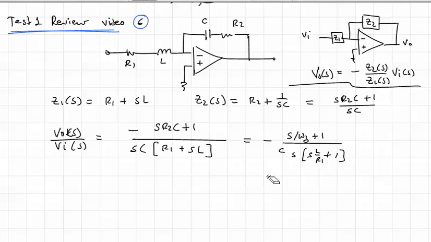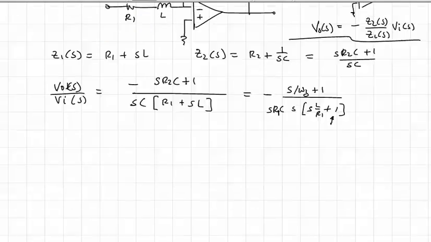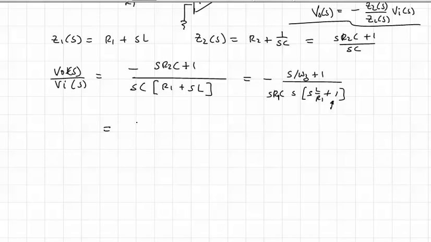Actually, I take that back, S times R1C. Okay, I'm trying to get it into this form where it's S something plus 1. Let me rewrite this one last time. S over omega Z plus 1 over S times S over omega P plus 1.